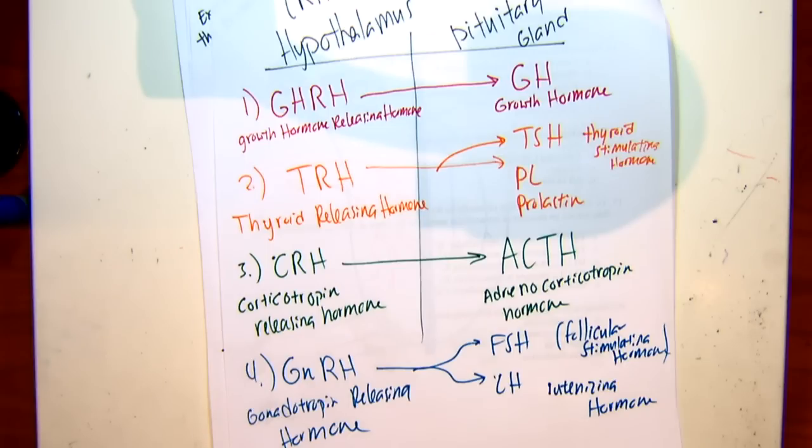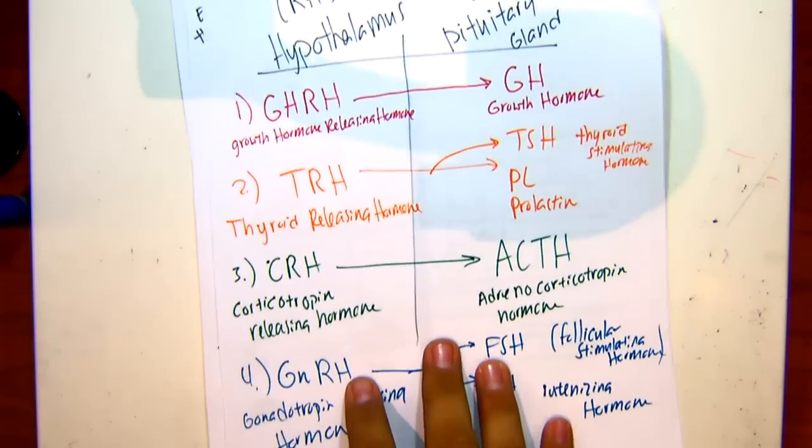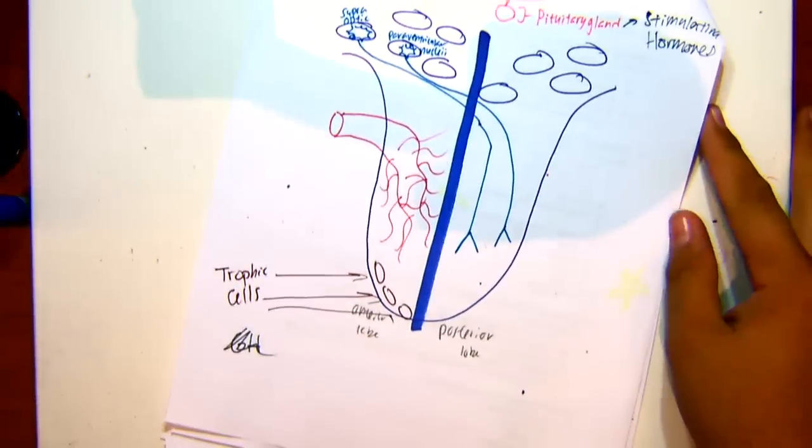Can anyone tell me what the posterior pituitary gland will secrete? Oxytocin and what else? ADH, right? And ADH goes to our kidney, and oxytocin does good things, which we will talk about. Okay, so we're all good with this? Does anyone need this? Okay.